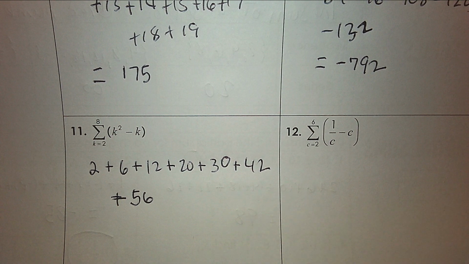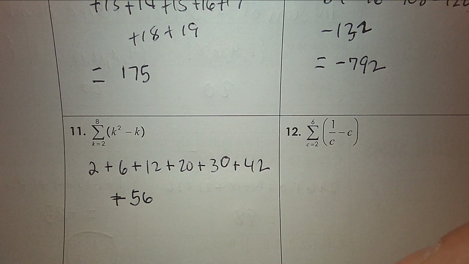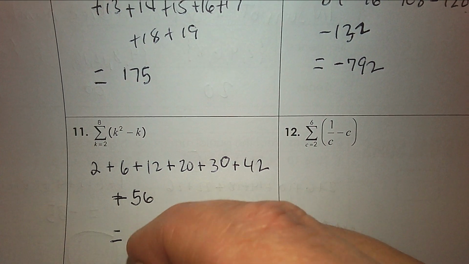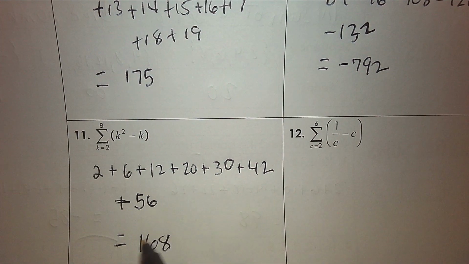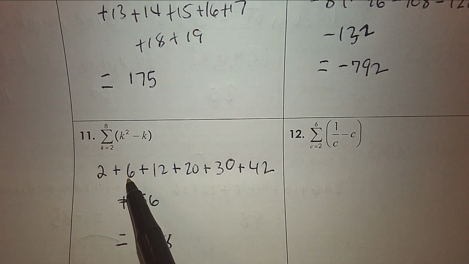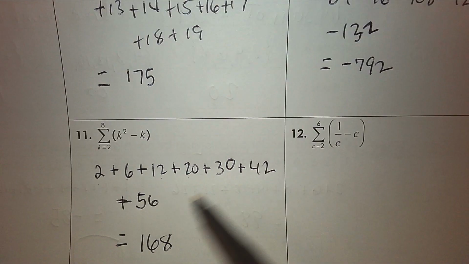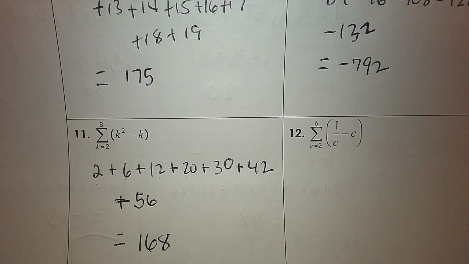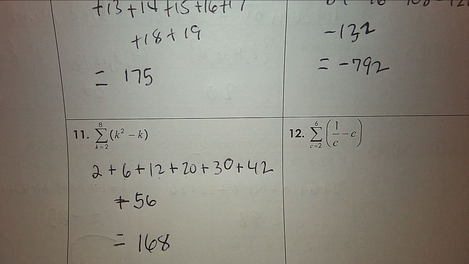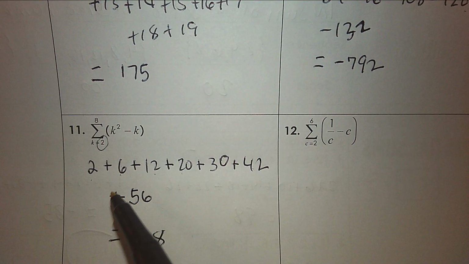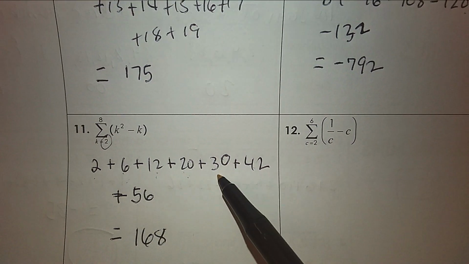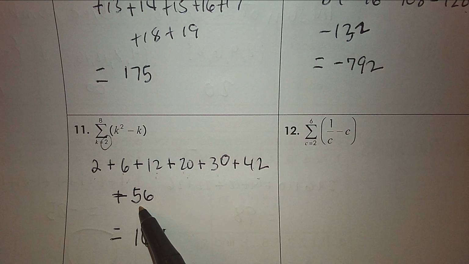Now can you add them all up? Use your calculator. Did I? Yeah. I started at 2, 3, 4, 5, 6, 7, 8. I don't need 8 terms. We start with what number? 2. So you plug in 2, then 3, then 4, then 5, then 6, then 7, then 8, and that's where you end.